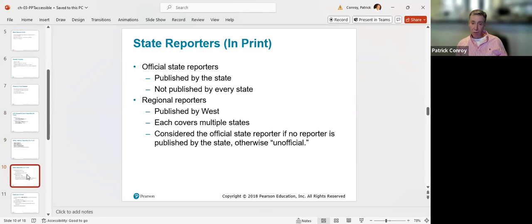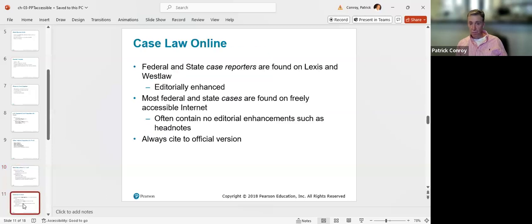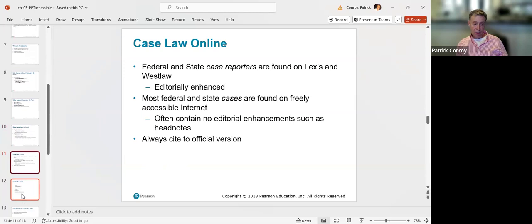And then the regional reporters are published by the region and cover multiple states. Federal and state case reports are found on Lexis and Westlaw. Most federal and state cases are also found freely on the internet. There are no editorial enhancements such as headnotes, and I'll show you headnotes in LexisNexis. Always cite to the original, official version.